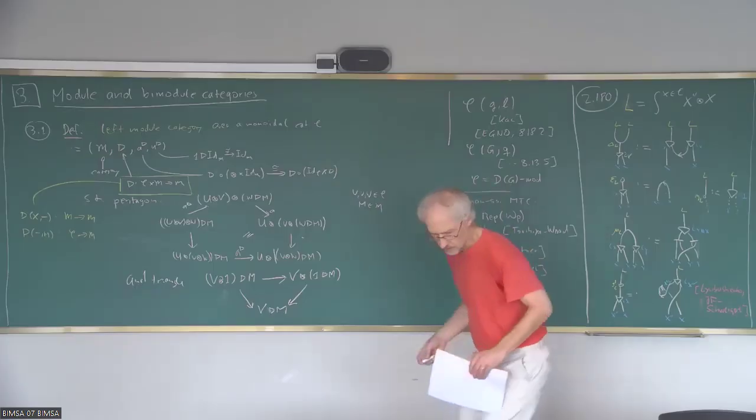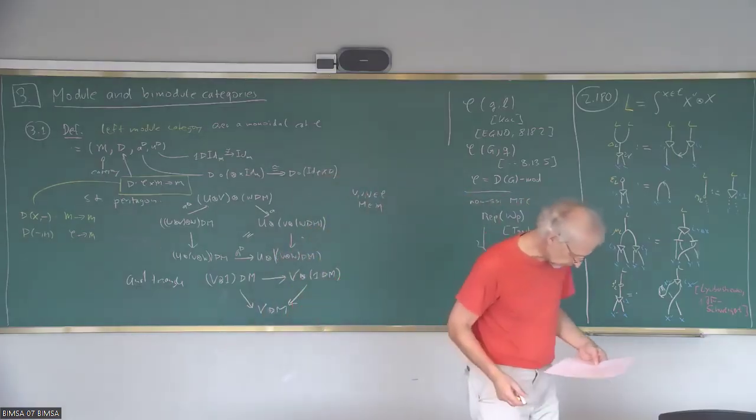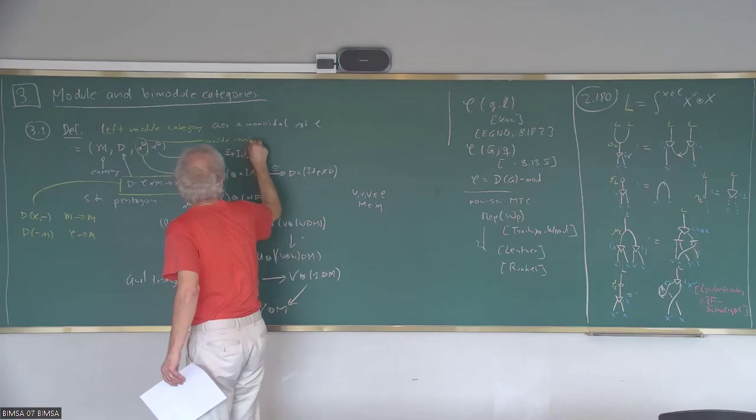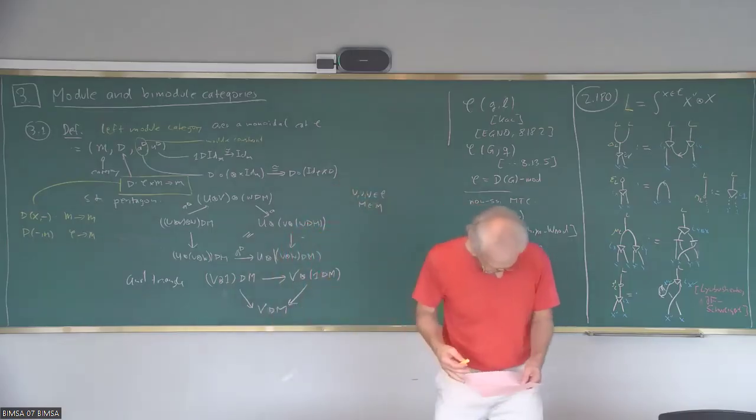And the natural transformation here is called the module constraint or module functor constraint. Abbreviate this.